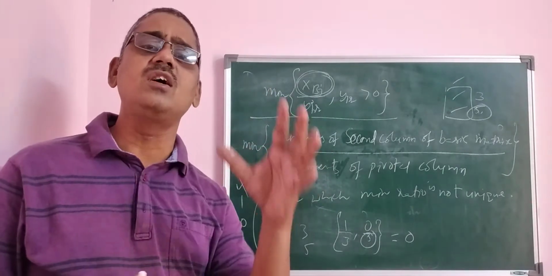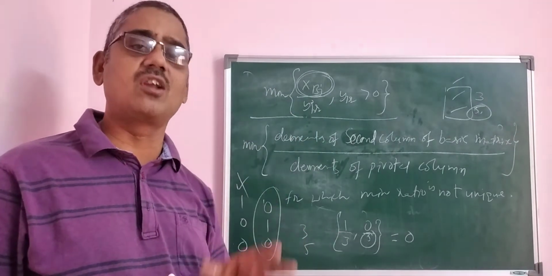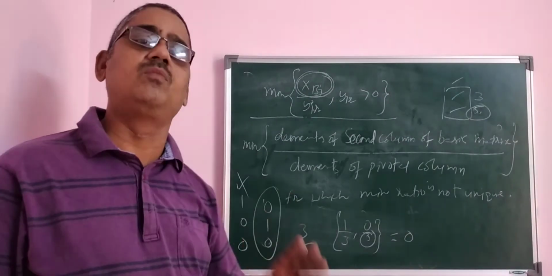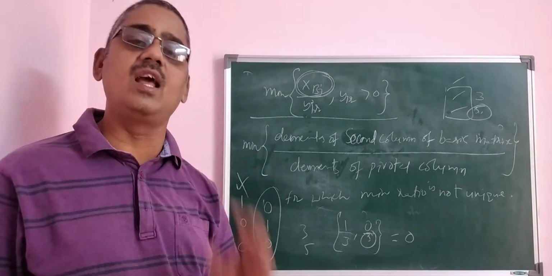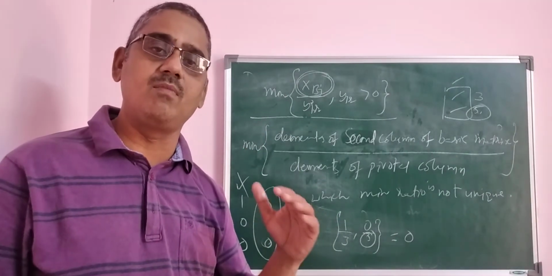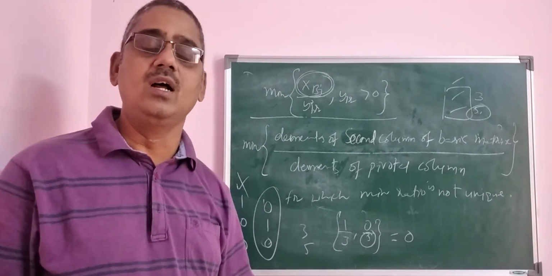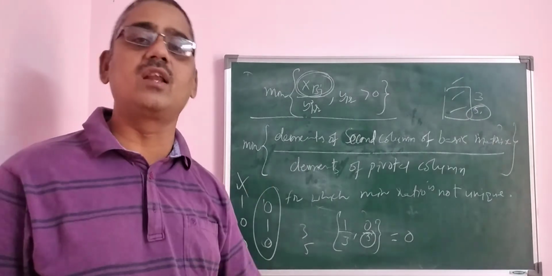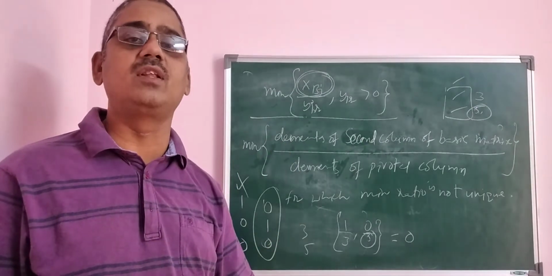So this is the procedure of resolving degeneracy in a linear programming problem solved by the simplex method. This is the way you calculate the minimum ratio and resolve the degeneracy.